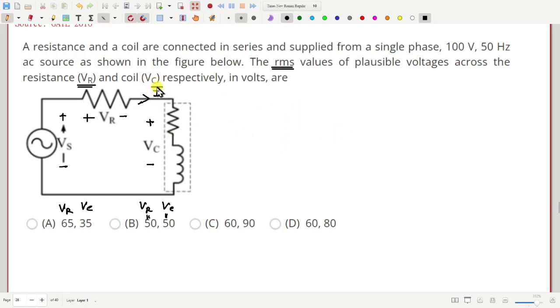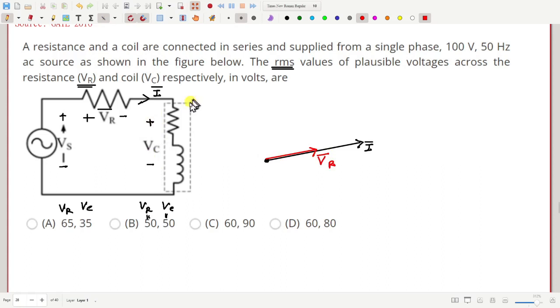This current I is a complex number, so somewhere here maybe we may have I. Then how will the voltage VR be? In the complex plane, VR will be I multiplied by resistance R, in the same direction. Maybe here, this is VR.